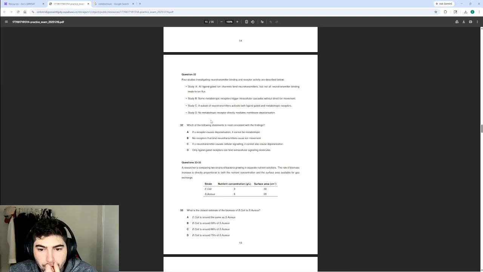No receptors that bind neurotransmitters cause ion movement. That's got to be out as well because they do.